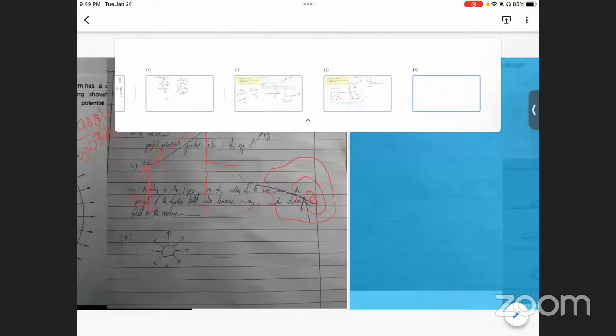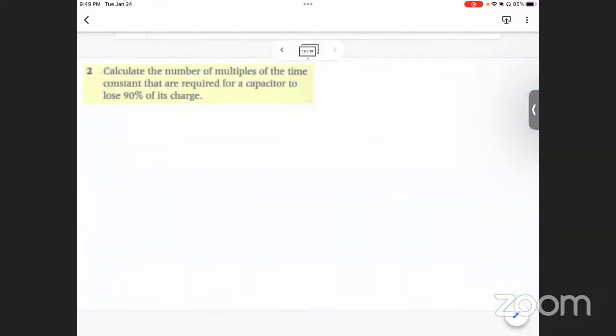He will insist to do that. The time constant is your tau, right? Sorry. Okay. From your memory, what are the formulas that might be relevant?